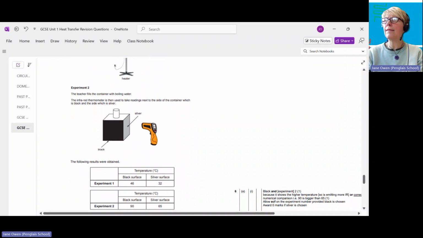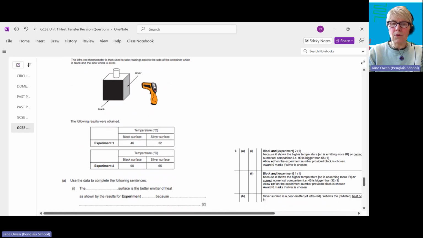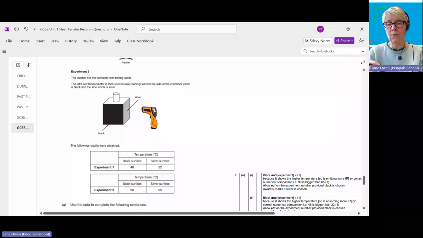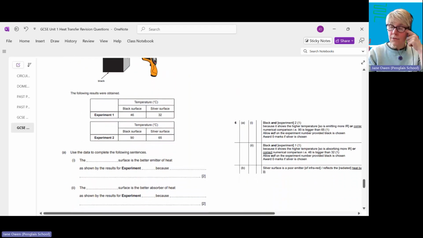Experiment 2, you've got a little block with different surfaces, and you've got an infrared camera measuring the heat of that surface for the black surface and the silver surface, with a few results. That's showing the ability of the silver and the black surfaces to emit radiated heat. So experiment 2 is to do with emitted radiation.